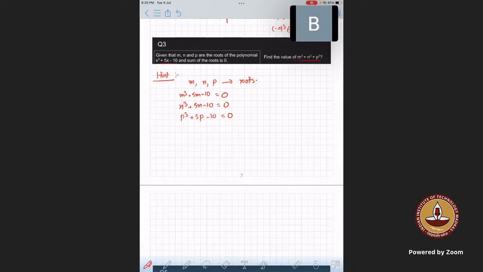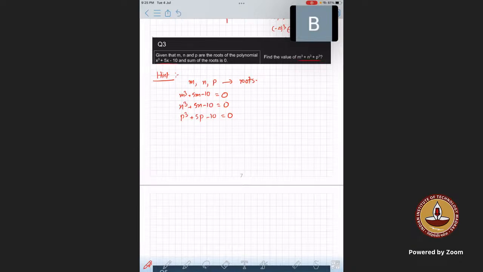Use these three equations and try to solve. I need more answers.